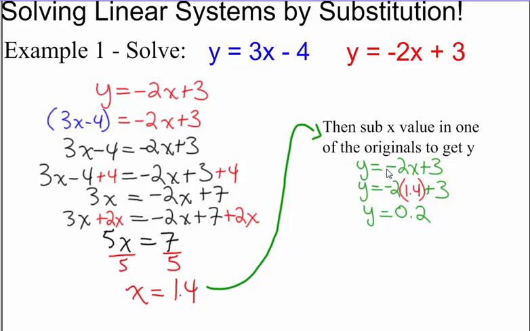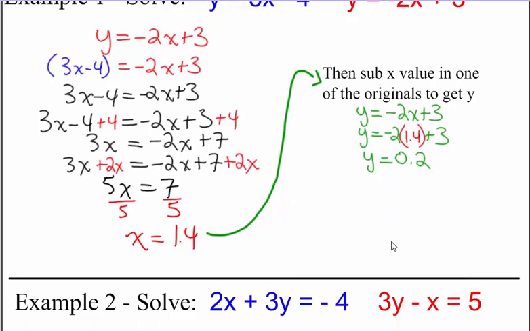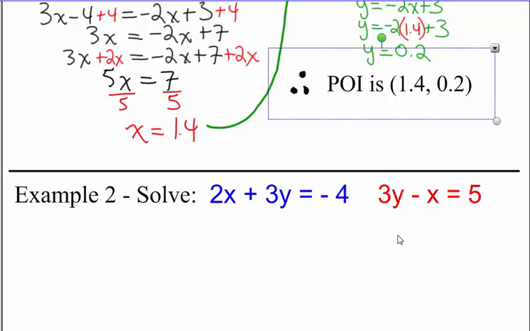Of course, if I had substituted the 1.4 into the other equation, 3 times 1.4 is 4.2, minus 4 is y value of 0.2 as well. So I do get the same answer in both cases. So the point of intersection is 1.4 for the x, 0.2, so that is the point right there.